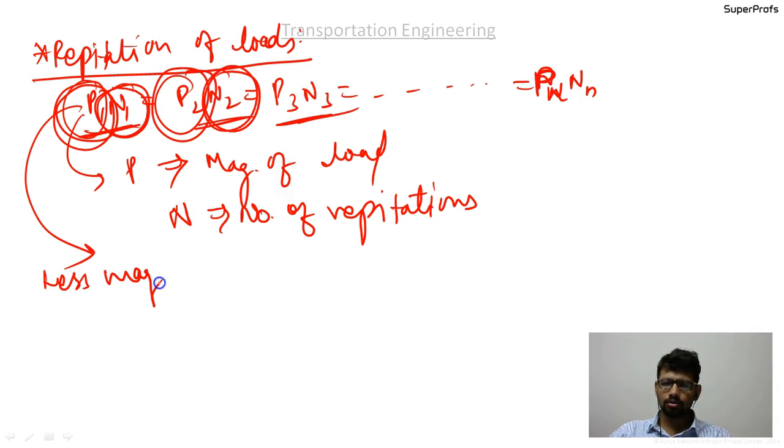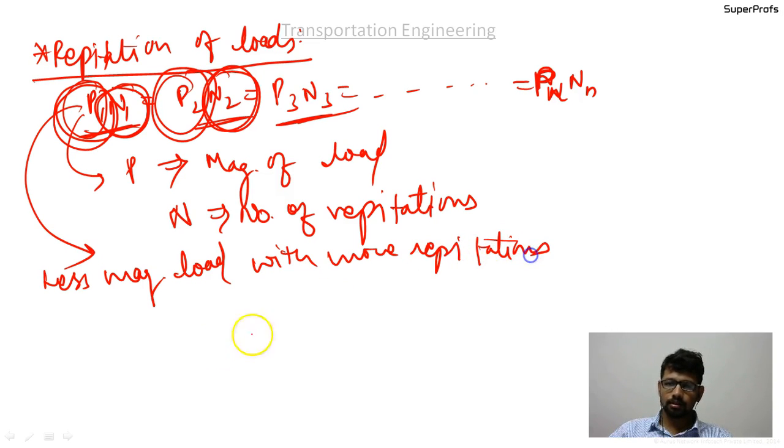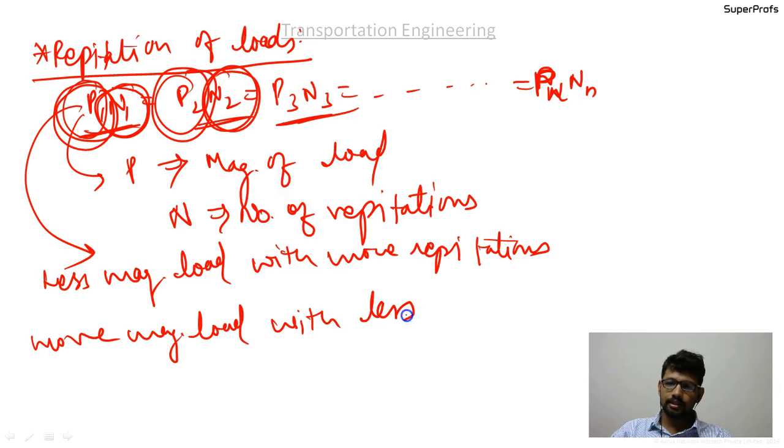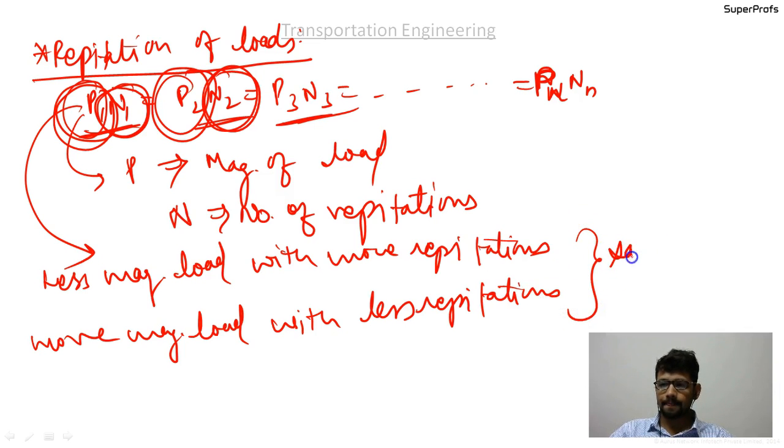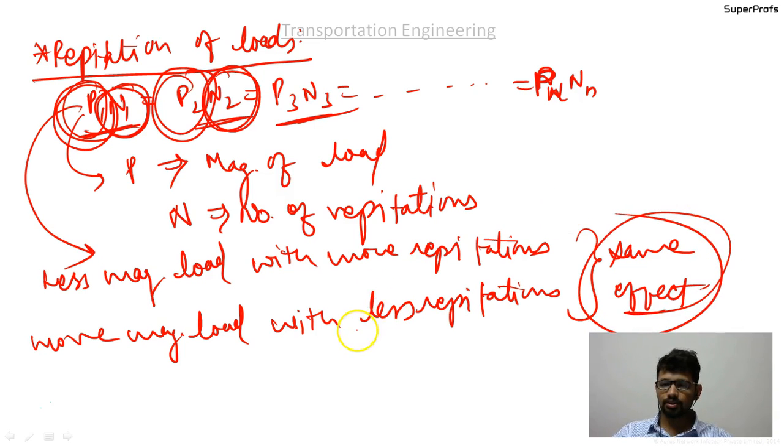Less magnitude load with more repetitions, and more magnitude load with less repetitions gives the same effect. Okay guys, it is very important. So let us now discuss the flexible pavement design methods.